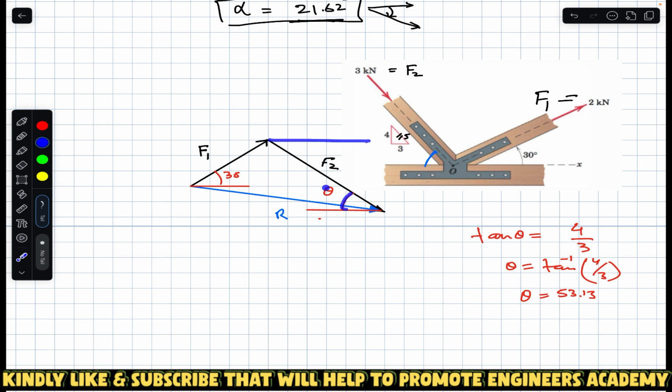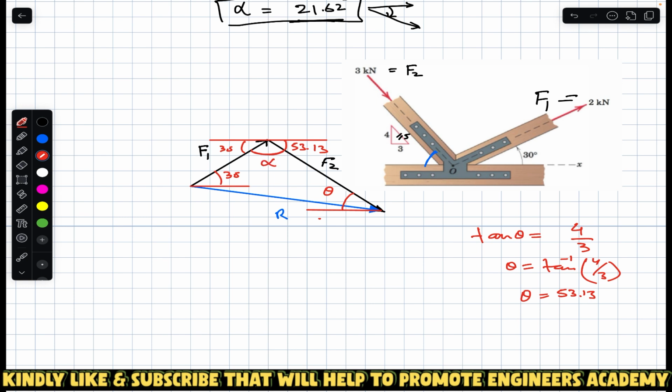So if this is theta, then this is theta as well, which is 53.13. And similarly, if I draw a horizontal line here, this angle is 30 degrees as well.